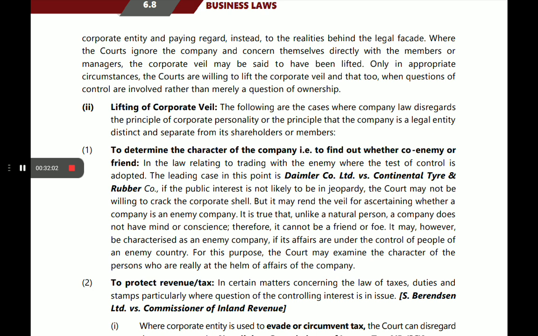The leading case on this point is Daimler Co. Limited versus Continental Tyre and Rubber Co. If the public interest is not likely to be in jeopardy, the court may not be willing to crack the corporate shell, but it may rend the veil for ascertaining whether a company is an enemy company.